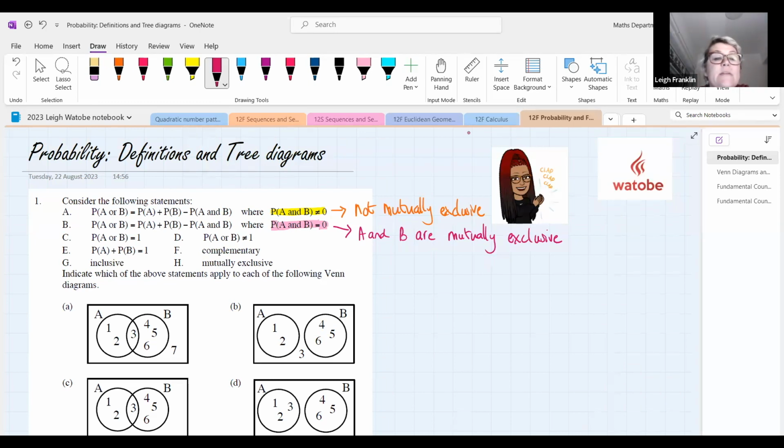Then they've given us some more statements. So the probability of A or B equals 1, or the probability of A or B does not equal 1. Then in E, the probability of A plus the probability of B equals 1. Then we see another word, the word complementary. So what does it mean when events are complementary?